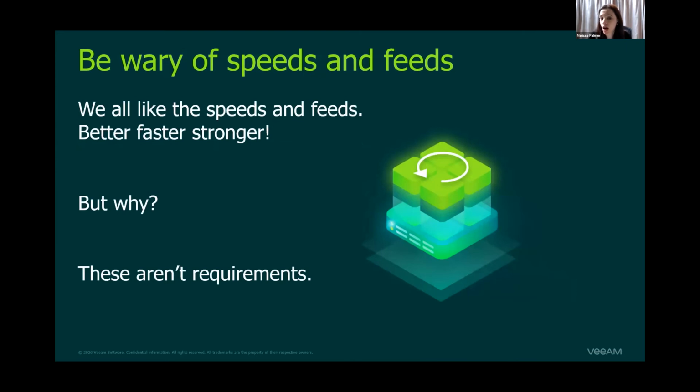So now a couple of tips, since we've hammered all that. People find RPO and RTO really boring, but I think they're important. So now just some more practical tips for designing with recoverability in mind. Be wary of speeds and feeds, right? We all like speeds and feeds, better, faster, stronger. Why do we like them?